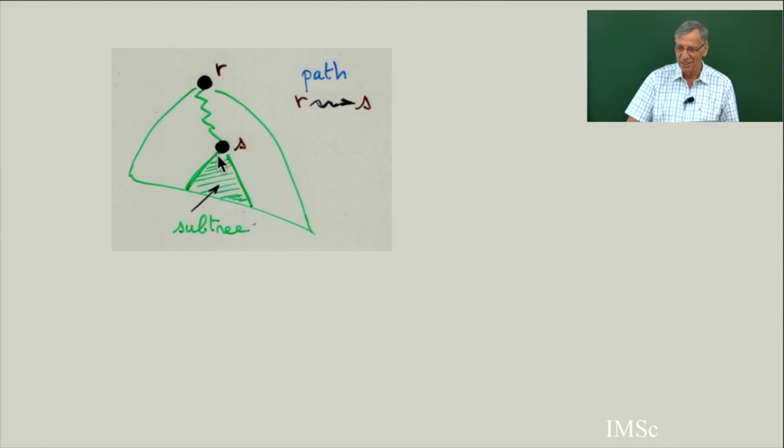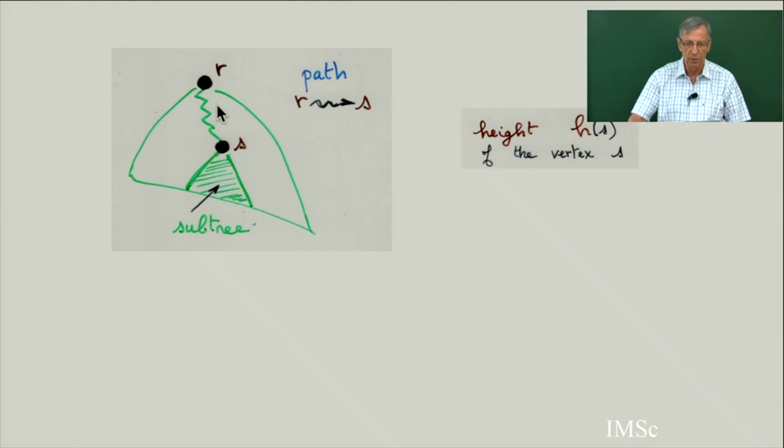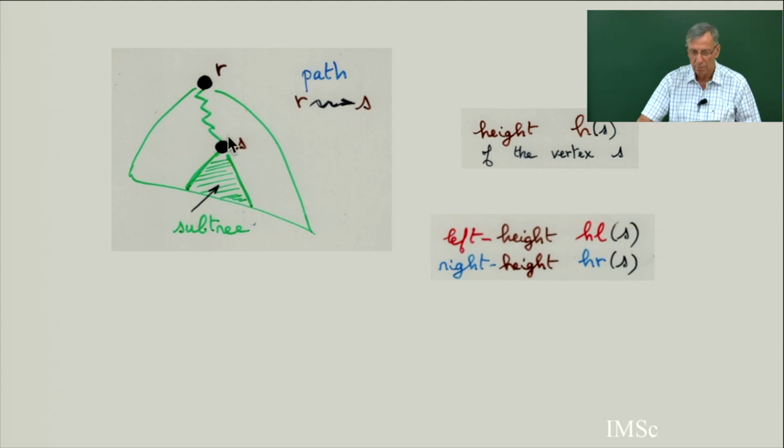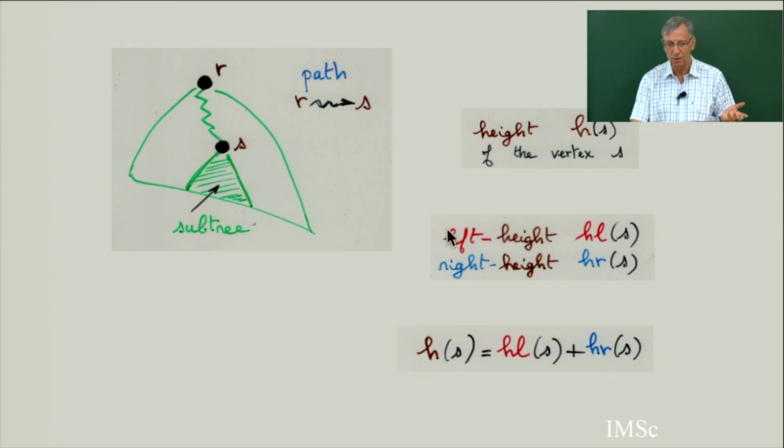So in the bijection with Catalan alternative tableaux, I will need the height. But this is a very classical notion, the height of a vertex. For any vertex, you have a unique path from the root, and the number of edges you use to go from R to S. This path has some left or right edges, so I will call the left height or the right height of the vertex the number of edges on the left, or on the right, that you need to go from the root until S. And of course, the height of the vertex is the sum of the left height and the right height.